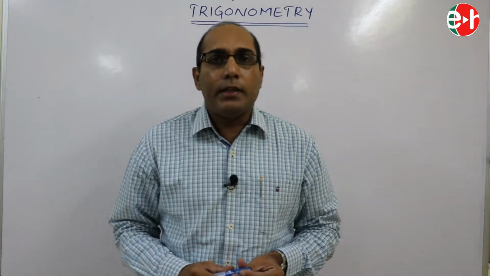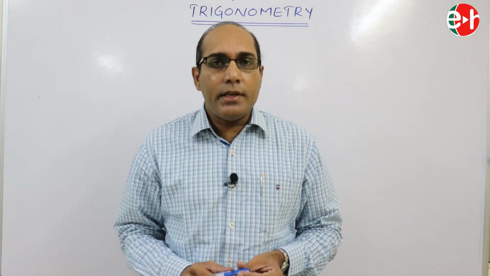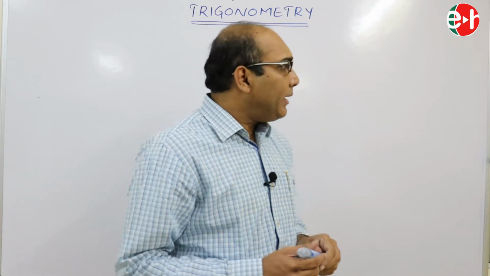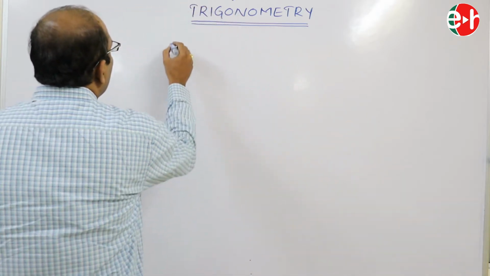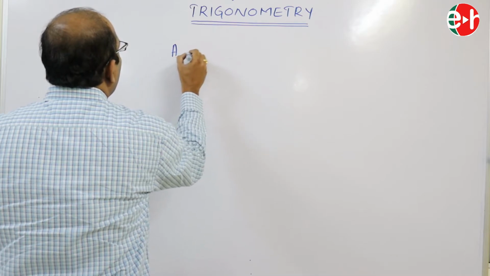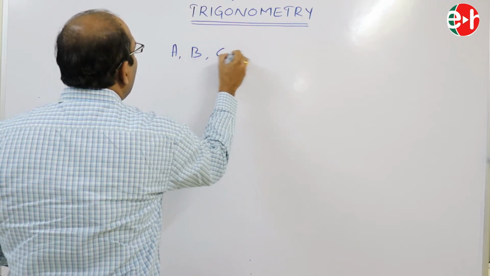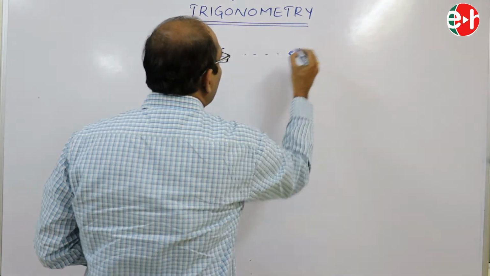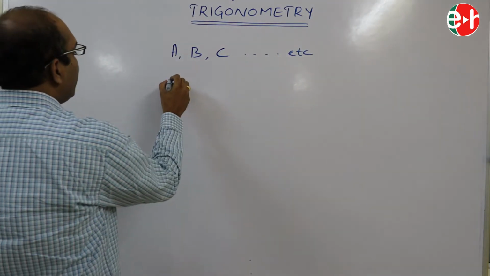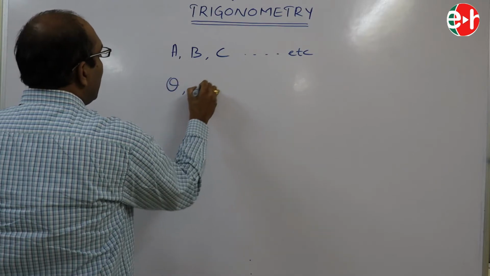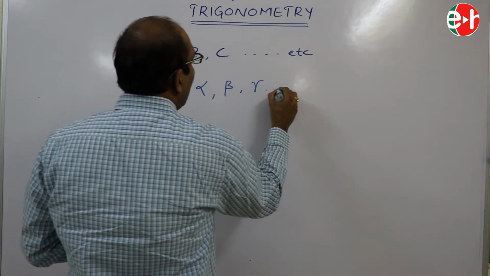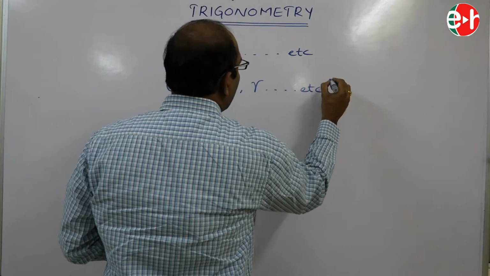In general, angles are represented by capital letters or Greek letters. The capital letters are like capital A, capital B, capital C, and so on. Or the Greek letters, something like theta, alpha, beta, gamma, and so on.